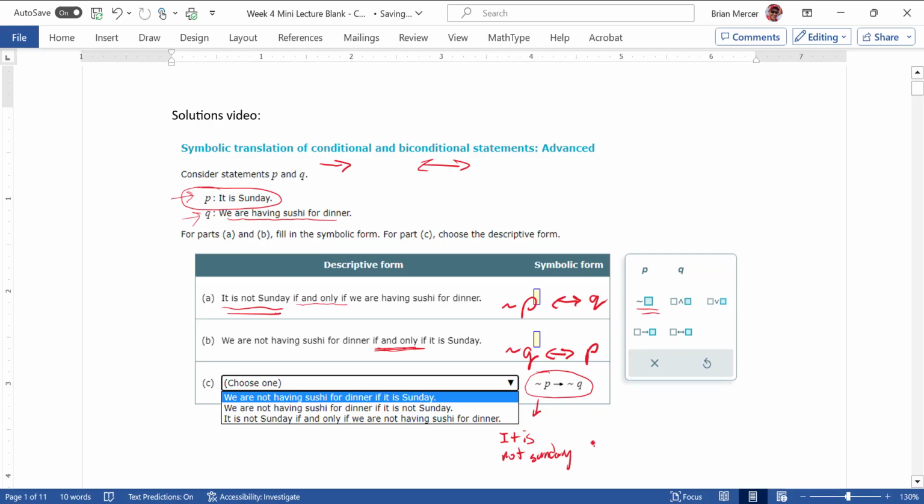And that's connected by if and only if. Sometimes people write that with two F's, by the way. That's the shorthand way of writing if and only if. If and only if not Q. Well, since Q is we are having sushi for dinner, that means we are not having sushi for dinner.